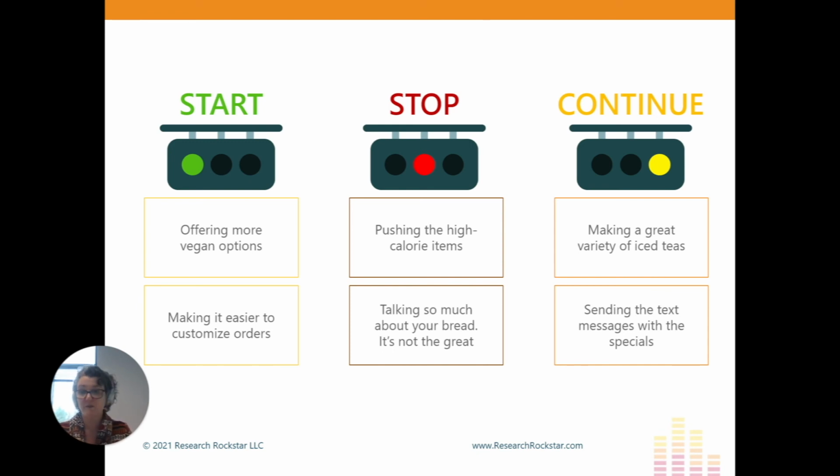It could have been about a specific product. Maybe if this was a company that makes virtual reality headsets, you wanted to find out what we should do with a particular model of our virtual reality headset. Or if I'm a company that makes ice cream, it might have been about the flavors of ice cream. What ice creams should we start doing, stop doing, continue doing? There are a lot of different ways that we can scope it.